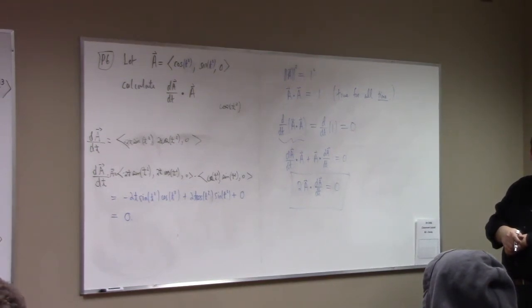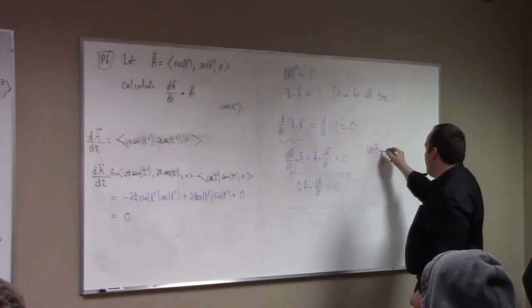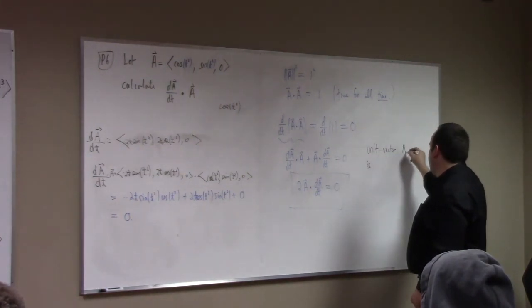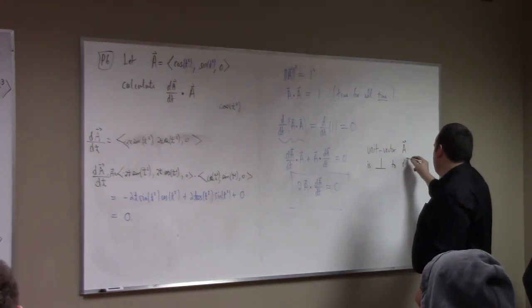You see that? So a unit vector is perpendicular to its derivative.